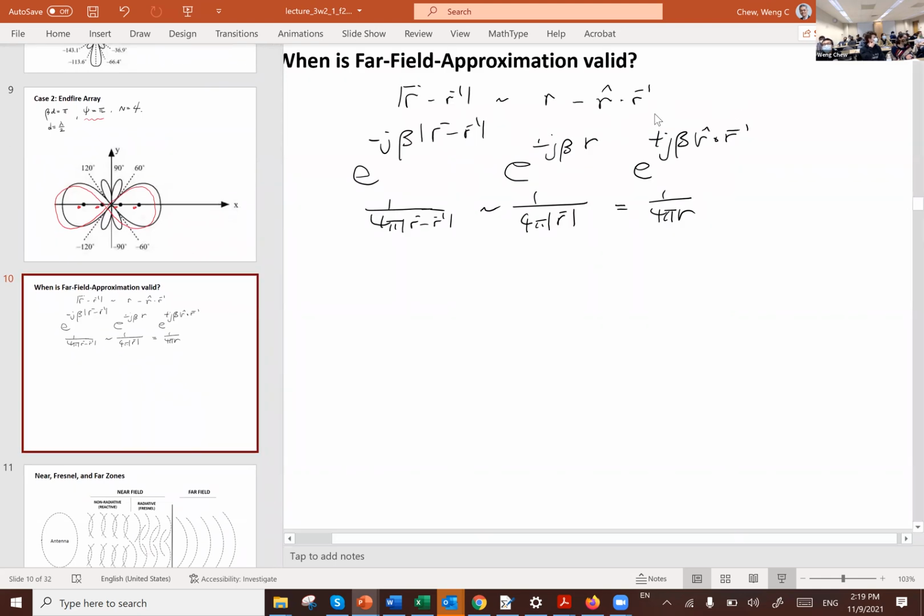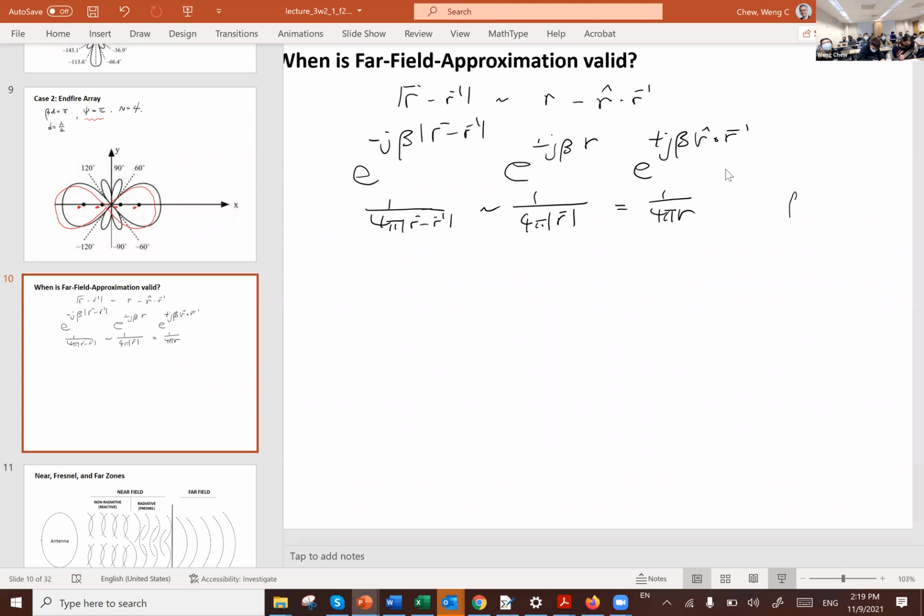But as was said, this is a slowly varying function, so we just replace it with 1 over R, it doesn't matter. But beta times this has to be done with caution when you approximate, because beta R can be a large number. The frequency can be high.